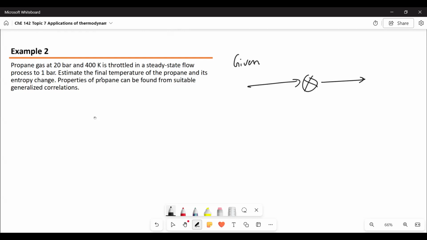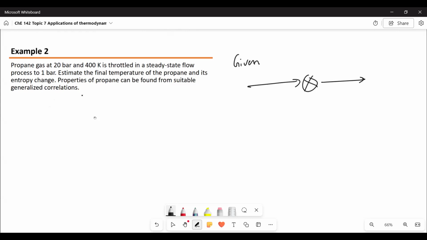The problem also mentioned that properties of propane can be found from suitable generalized correlations, which we expect since propane at 20 bars acts like a real gas. But for 1 bar, it might be safe to assume ideal gas behavior.